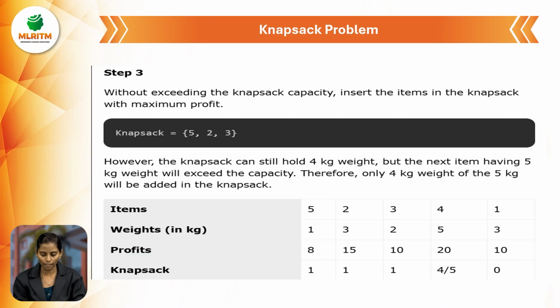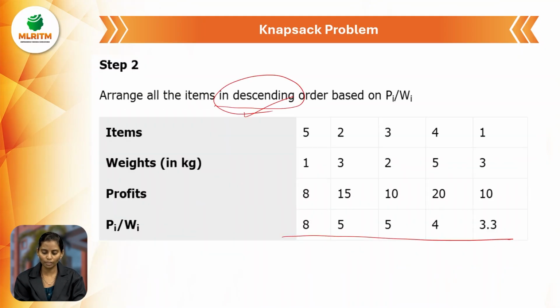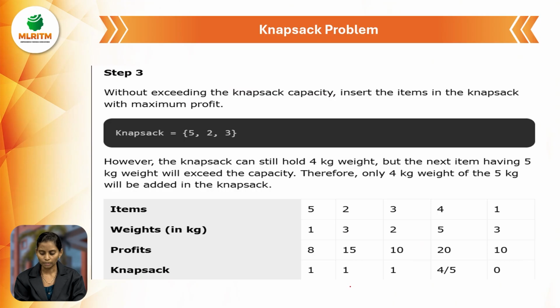Then after arranging those items, we are going to calculate the fractional knapsack. So just to glance over here, whenever we are going to insert this fourth item, we are going to get a fractional value.